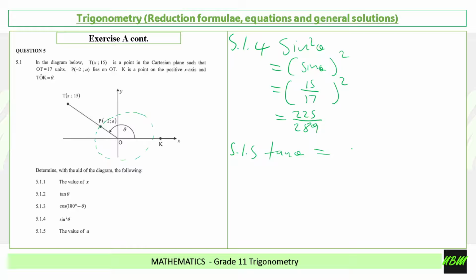For point P, y is a, divided by x, negative 2. But tan theta is negative 15 over 8, so negative 15 over 8 is equal to a divided by negative 2. Now multiply both sides by negative 2. We get a is equal to 15 over 4.